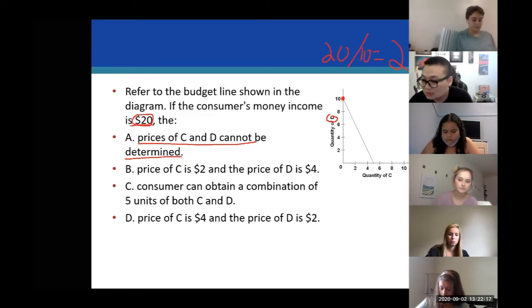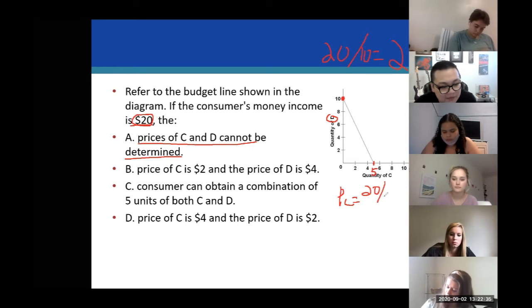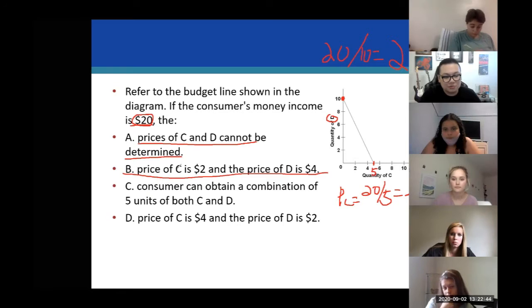Do you guys understand? And if we use all our money to buy product C, we are right here, and this is 5. So the price of C should be $20 divided by 5, so it will be equal to 4. So the answer B is wrong because the price of C is $4 and the price of D is $2.